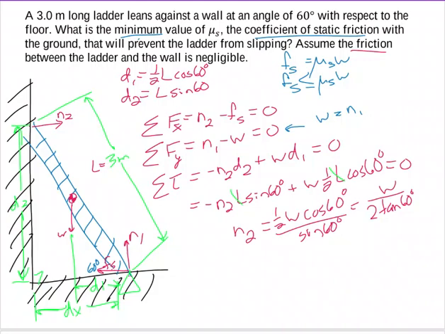Now, is F sub s going to be equal to normal 1 or normal 2? Normal 2. Why? Because of your sum of the forces in the x direction. Yes, sum of the forces in the x direction says F sub s equals normal 2, actually.